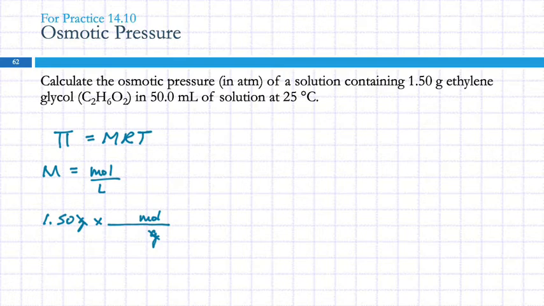And so we have to calculate the molar mass, 2 times 12.01 plus 6 times 1.008 plus 2 times 16. Remember, you should always use 4 sig figs on your molar masses.